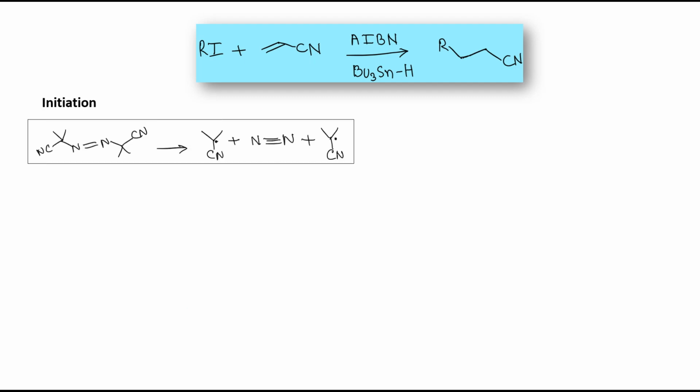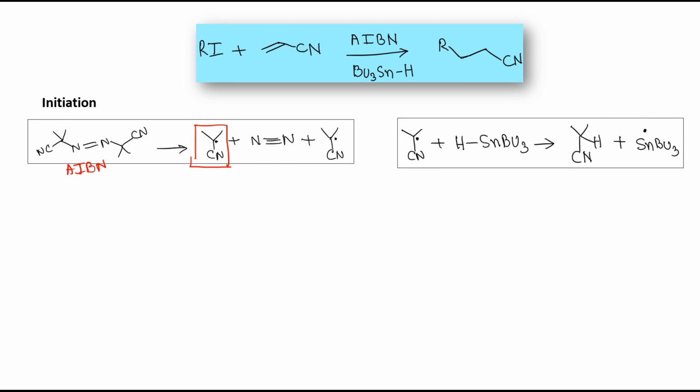So for initiation, as you can see here, this AIBN molecule first generates this radical, two same radicals, and the stable molecule nitrogen is removed. This radical ultimately takes the proton, that is the Sn-H bond. Now this bond is very weak. This Sn-H bond can be easily broken.